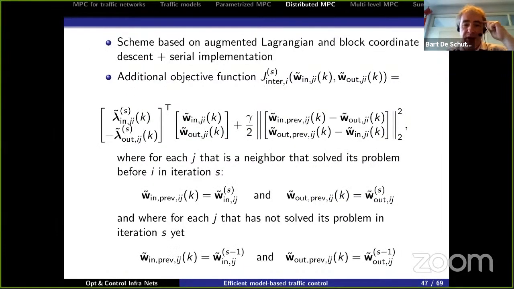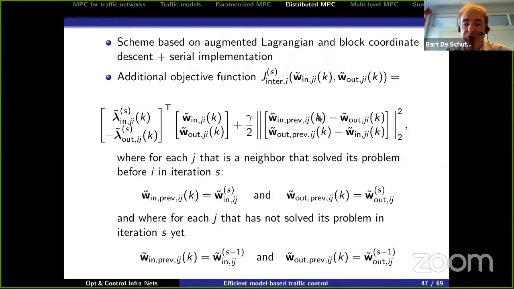Again, to be more in detail, typically what we would penalize is the difference between the previous value of the inflow and the actual outflow, and also the previous value of the actual outflow from agent I to J, and the inflow that is received from J to I. And the idea is that we then have two types of iterations.